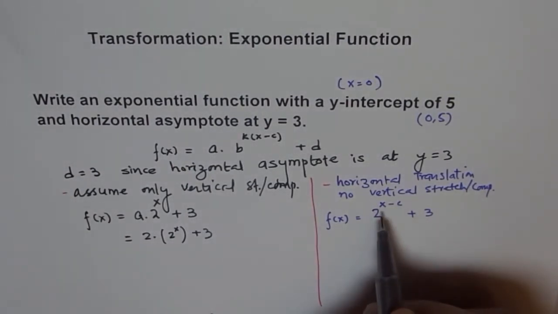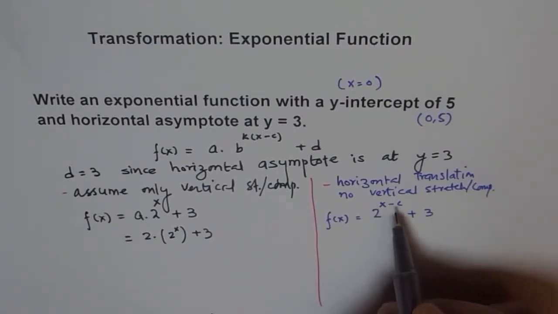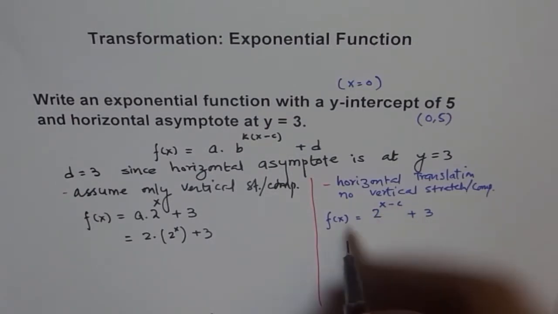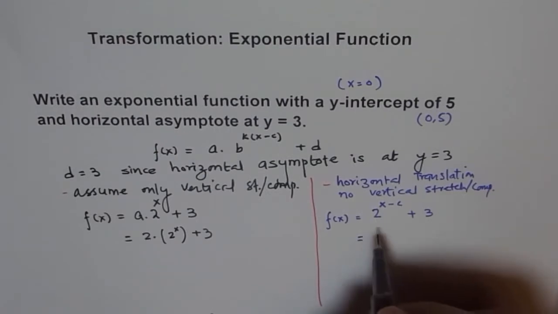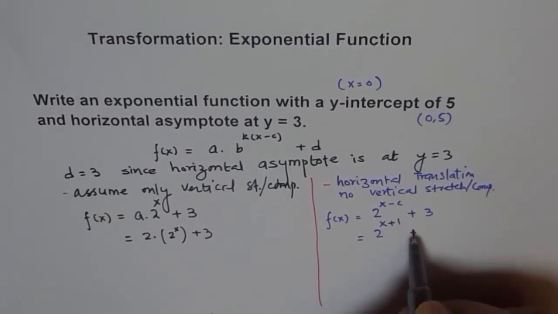Now, if x is 0 for us, what should the exponent be so that we get 2 here? 2 to the power of 1 is 2, so c should be minus 1. If I put c as minus 1, I do get my job done. So I should write 2 to the power of x plus 1, plus 3.